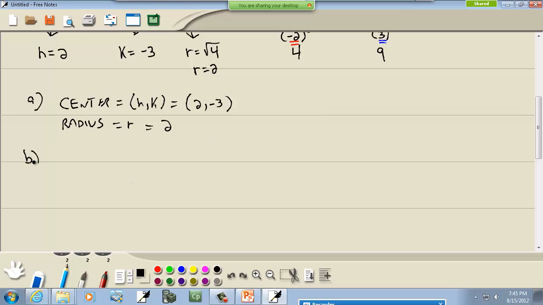Okay. So we got 2, negative 3. Would be right here. And our radius is 2, so we've got a distance of 2 right here. And then I'll draw as close as I can the circle.